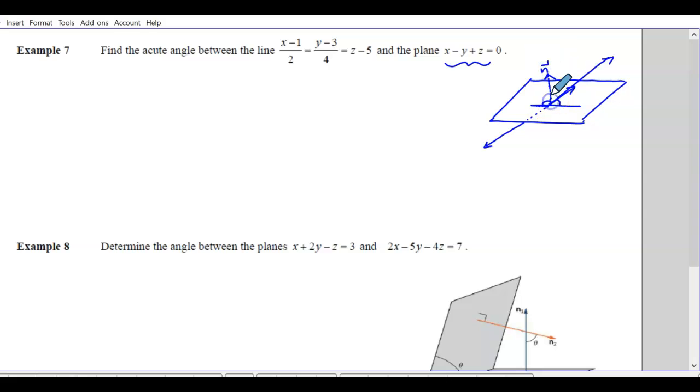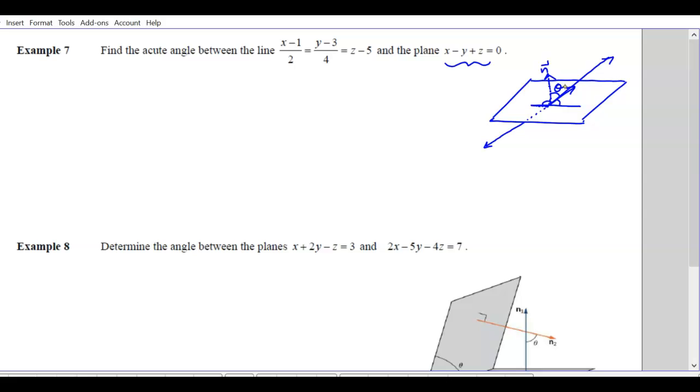So what about if you find this angle in between them, and then that forms a 90 degree with the plane? Subtract that from 90 to get the angle. Now if the normal was going down, then that would be more than 90. So we'll work through that, because I think this particular example will be that case.